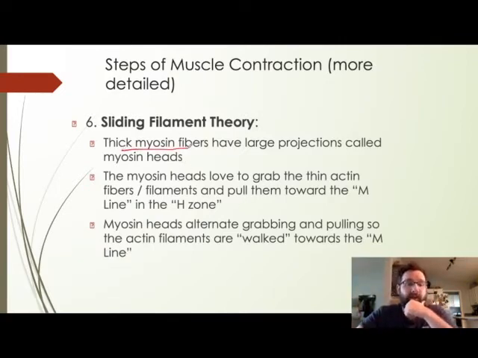Those thick myosin fibers, and again, we're talking about the proteins within the organelles within a muscle fiber called myofibrils, have those large projections called myosin heads. The myosin heads love to grab the thin actin filaments and pull them toward the M line.